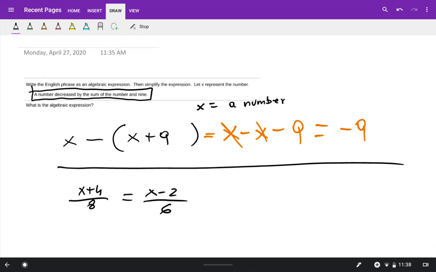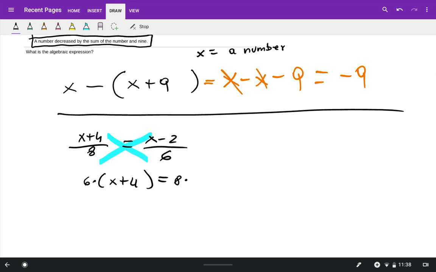Okay, so we just need to solve it. When you have two fractions equal to each other, always cross multiply. So you have 6 times x plus 4 is the same as 8 times x minus 2. So fraction equal fraction, cross multiply. That's the easiest way to solve it.